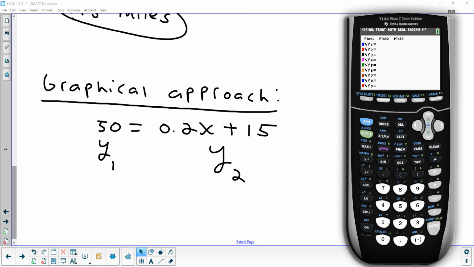If there's anything else typed in, I would clear it so that it doesn't mess up what we're doing. Does everyone have a screen that looks like that? Now, let's type the left-hand side in y1, and I'm going to hit enter. And I'm going to put the right-hand side in y2.